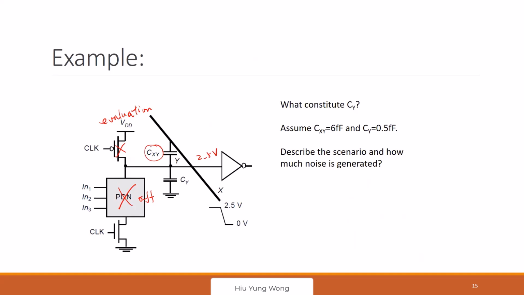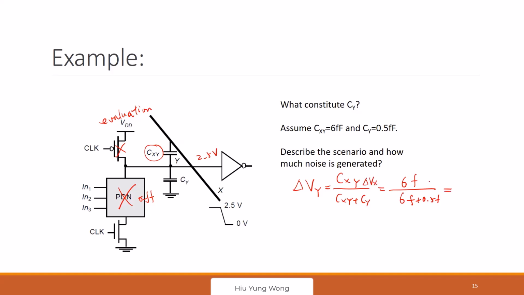So what will happen? Then delta Vy, as we said, equals Cxy divided by Cxy plus Cy, which is equal to 6 femtofarad divided by 6 femtofarad plus 0.5 femtofarad, right? And I forgot to put delta Vx. And this delta Vx changes from 2.5 to 0.